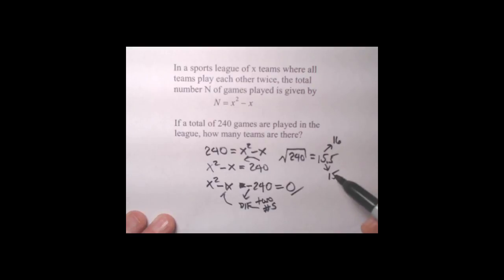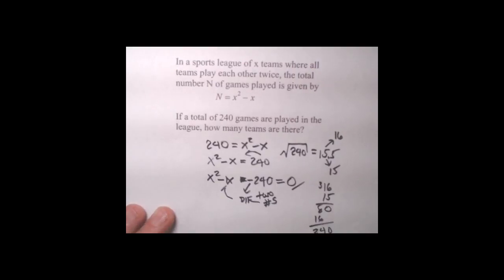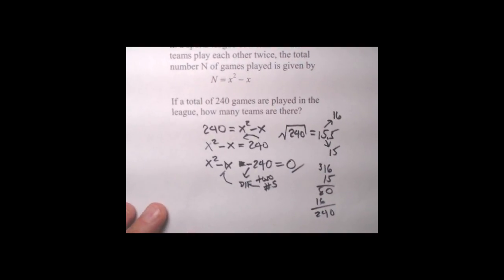I think these are the two guys you want right here. Let's check it and see. What's 16 times 15? Well, 6 times 5 is 30, carry your 3. 5 and 3 is 8. And then 1, 6, yes indeed, that's 240. So here we are. Our two numbers are 16 and 15.